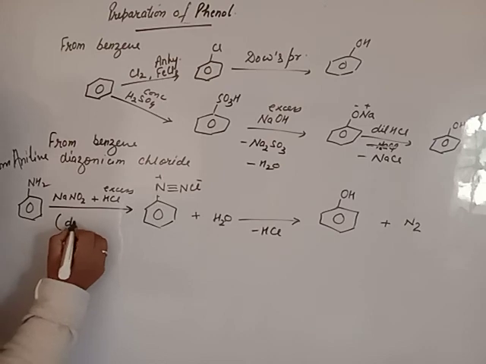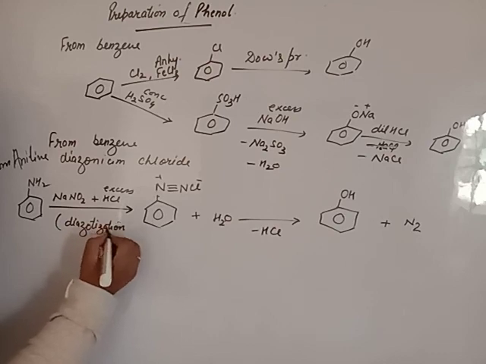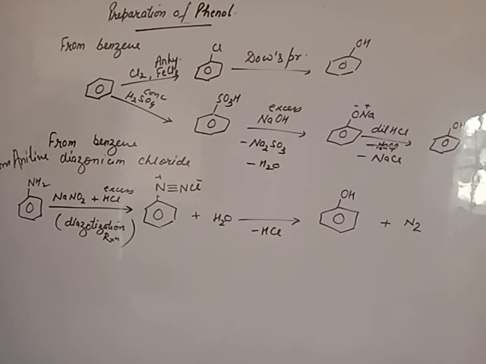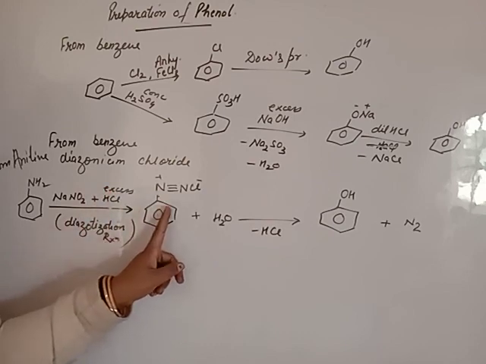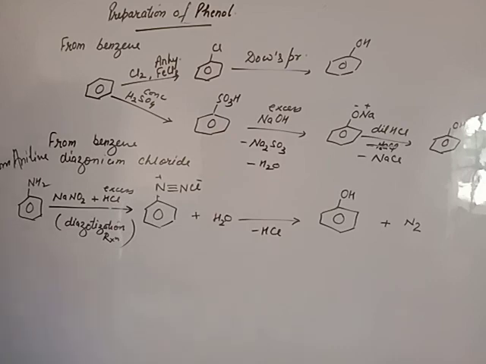This reaction is known as the diazotization reaction. When aniline is treated with sodium nitrite in excess HCl, we will get benzene diazonium chloride. Benzene diazonium chloride on hydrolysis gives phenol.